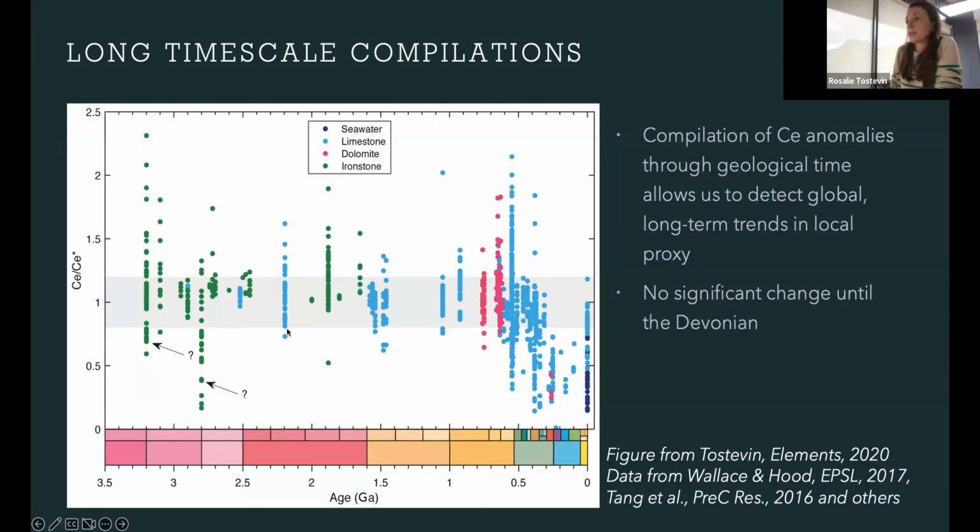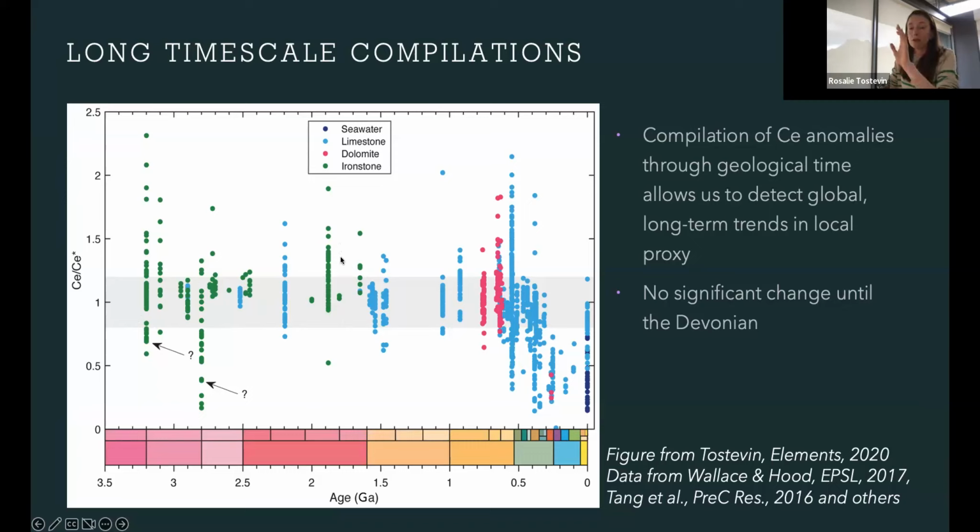This is a compilation based on Wallace and Hurd and Tang, showing that there isn't a significant change in the frequency of cerium anomalies until well into the Phanerozoic. Largely throughout the Precambrian, we don't have any significant negative cerium anomalies, and in some cases, we have positive cerium anomalies.